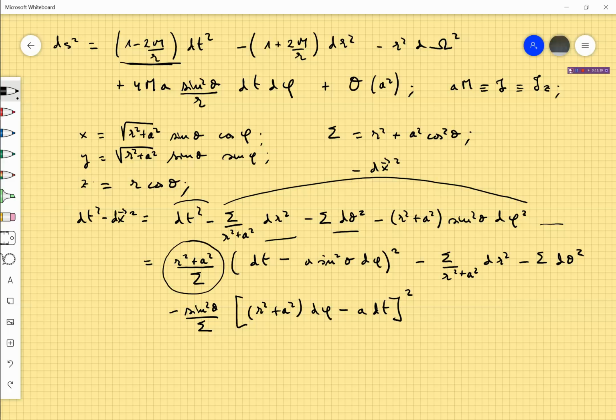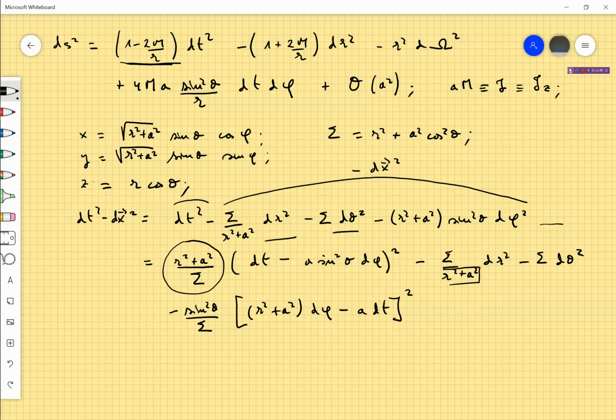And you will also replace, in the r squared, this combination r squared plus a squared by some other function. In fact, keeping this sigma, because otherwise you would never recover Euclidean space or the Minkowski metric.